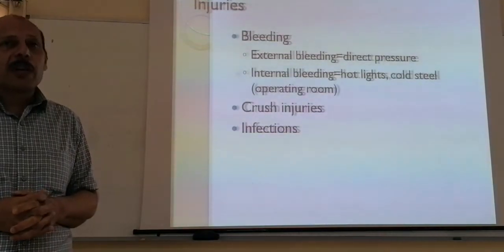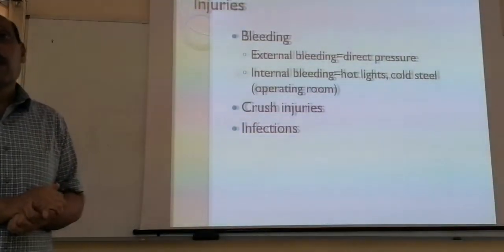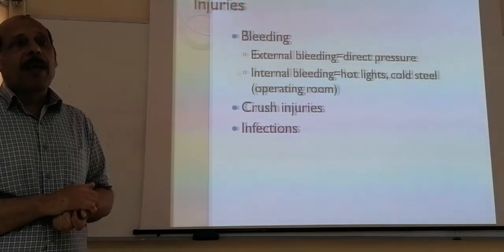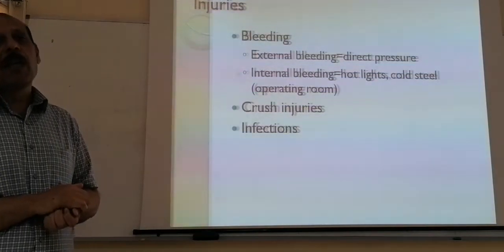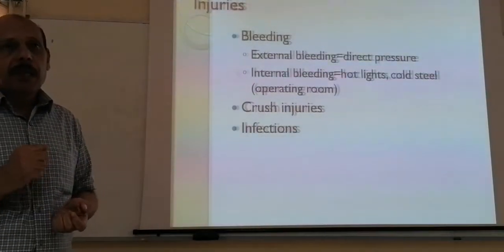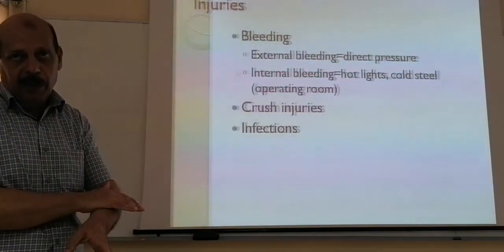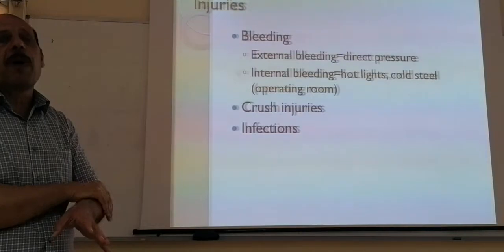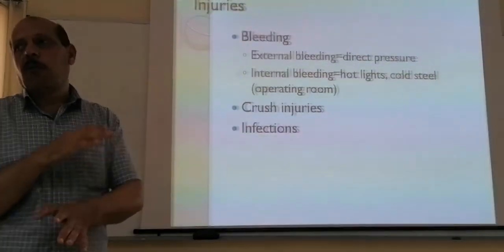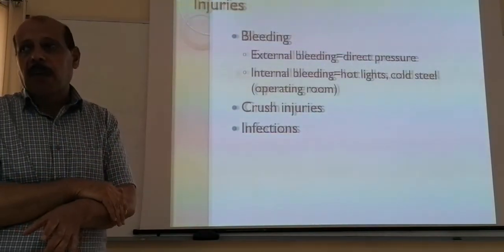And in this case, we have to understand that bleeding might be there from the type of injury that the person is having and from the signs and symptoms that the person is having. For external bleeding, the first thing that we have to do is apply direct pressure over it, by our hand, by any type of cloth that we have, or gauze if we have.